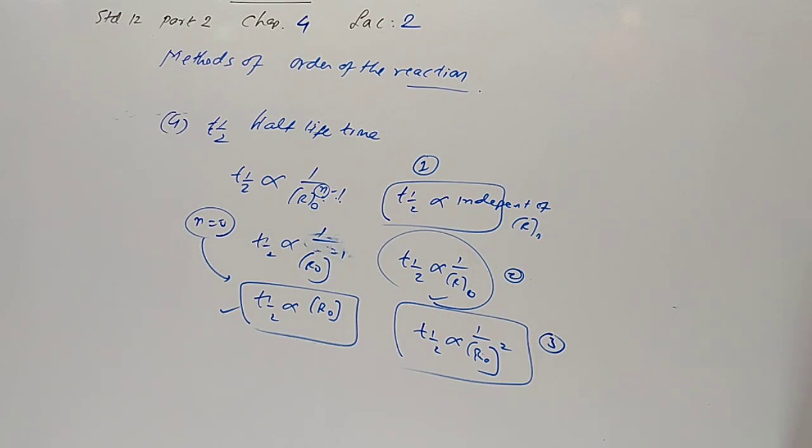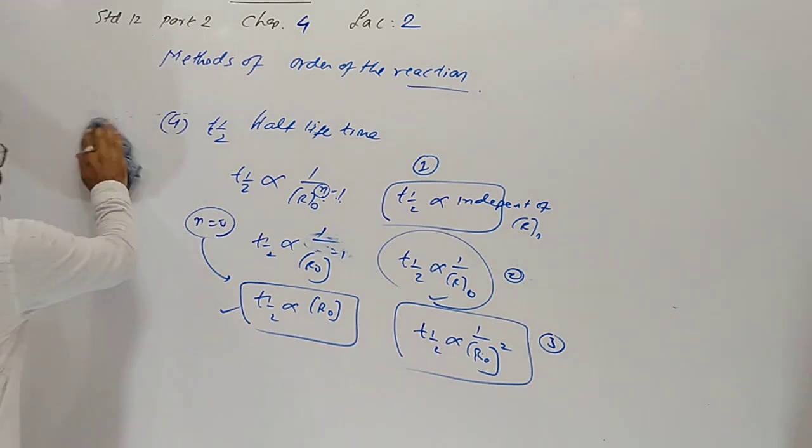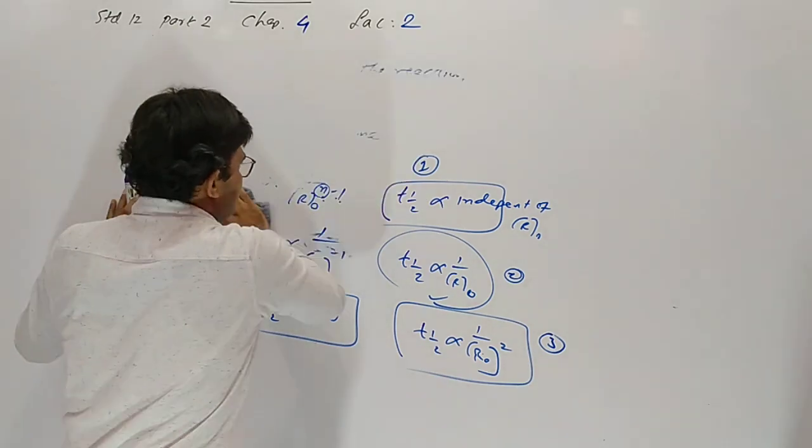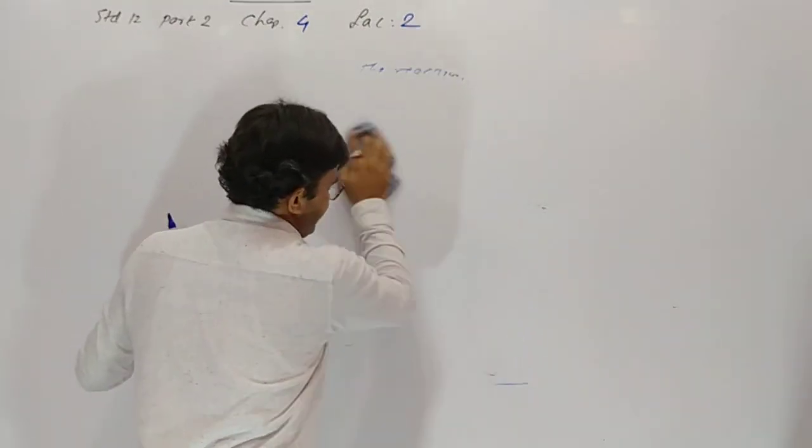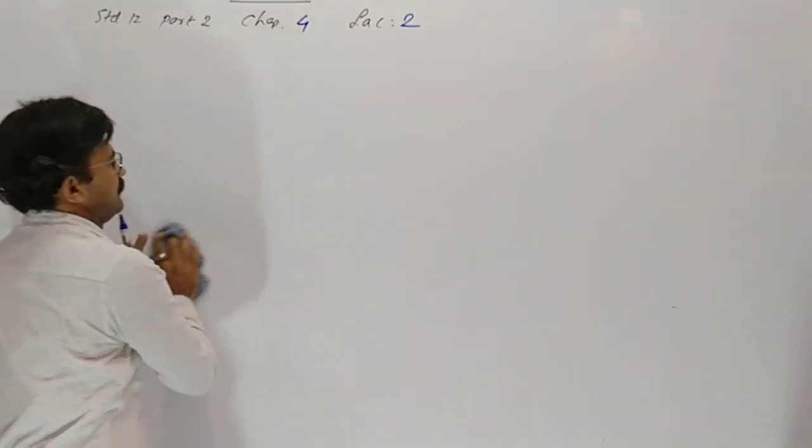Now, some reactions are complicated. They occur in many steps. So there are four methods to define the order of a reaction. Understood?